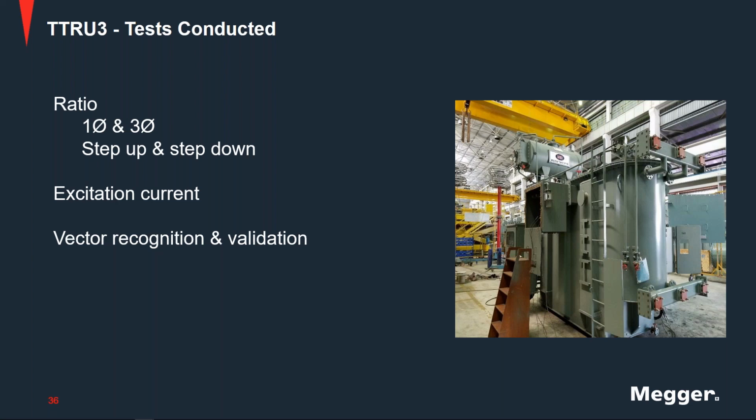And during that time, we will verify that, yes, you said it was a DYN1 and you have connected it as a DYN1. If you selected the wrong vector, say a DYN7, the Ttru3 would alert you and tell you to check your leads or check your vector selection to make sure that you're running the test properly.